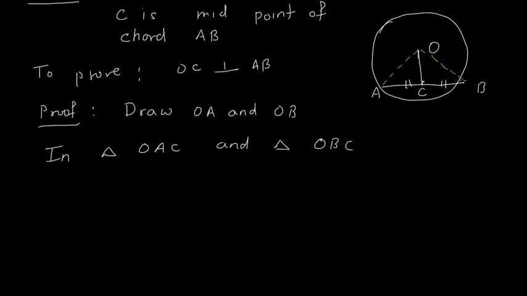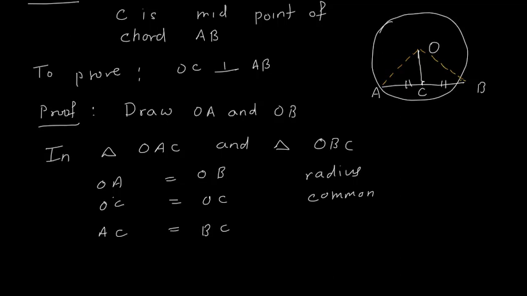If you see, your side OA is equal to OB. This is radius. Then your side OC is equal to OC. This is common side, and your AC is equal to BC. What is the reason? This is, I will say, given.